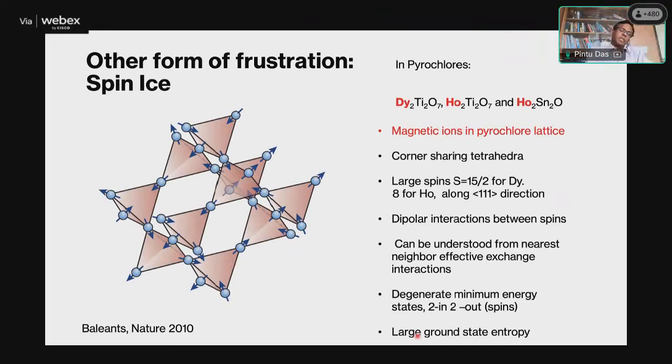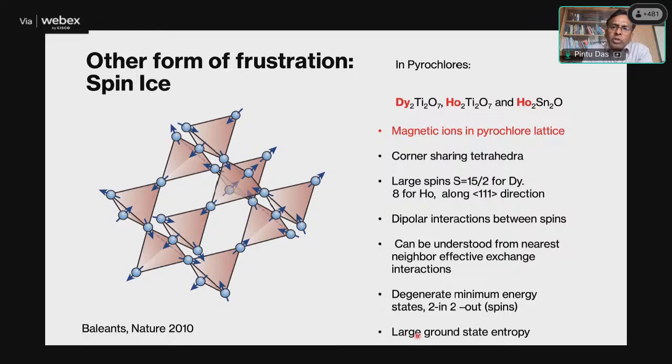So now let me diverge a little bit from the quantum spin liquid. I'll come back to this again, but let me tell you about other kinds of systems where you see frustration.